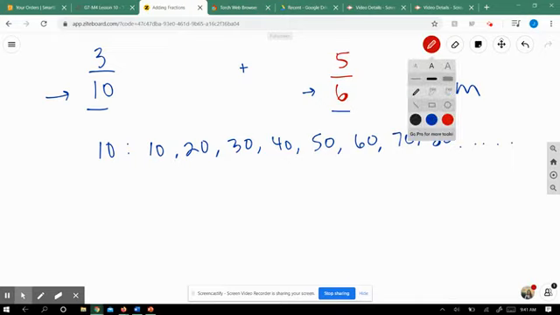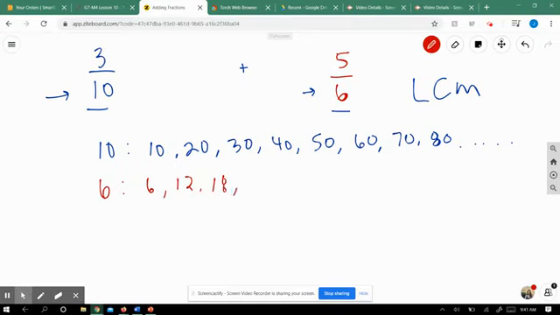We'll come back to how we know when to stop later. So we have our first one, our 10, and now we go to our second one, our 6. When we skip count by 6: 6, 12, 18, 24, 30, 36, 42, 48, and so on.